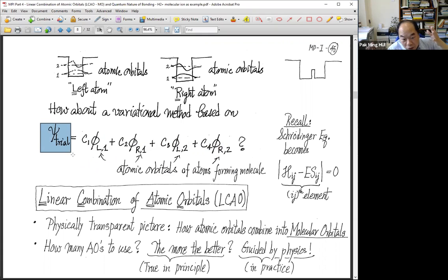At least everything is legal, huh? Then I can plug this into this new H, and set up a 4 by 4 matrix. I hope that you follow me after the midterm. Then we can solve for 4 eigenvalues. If we want the lowest one, then we take the lowest one and say, that will be a good molecular ground state. Do you understand what I'm saying?